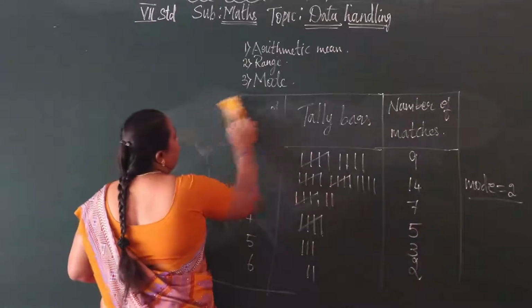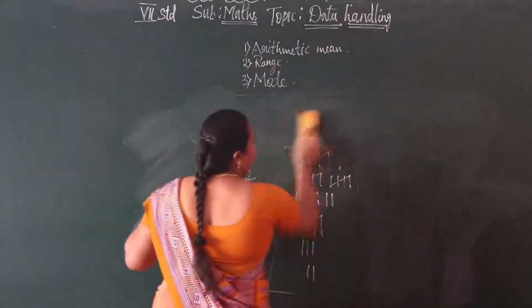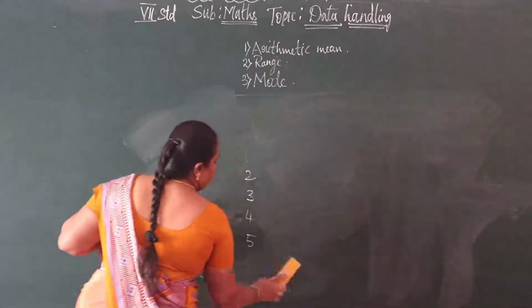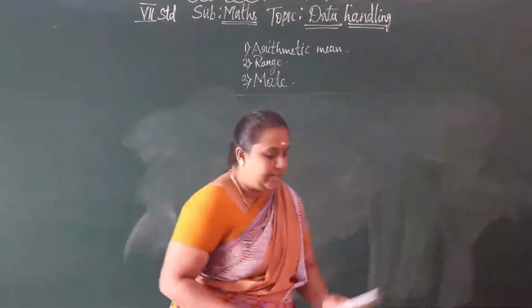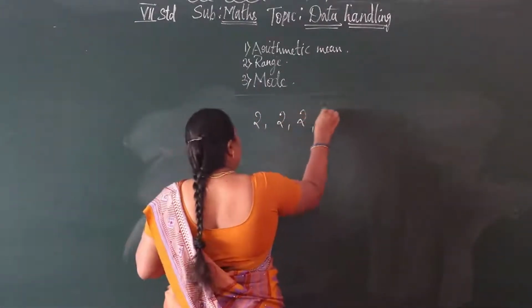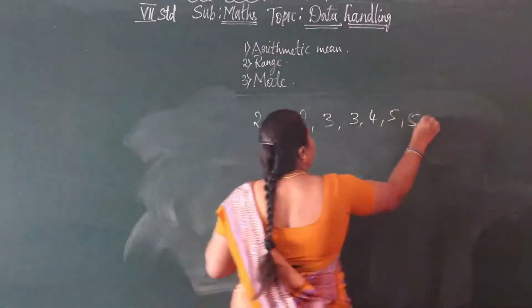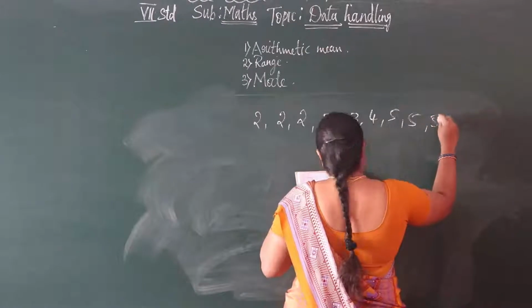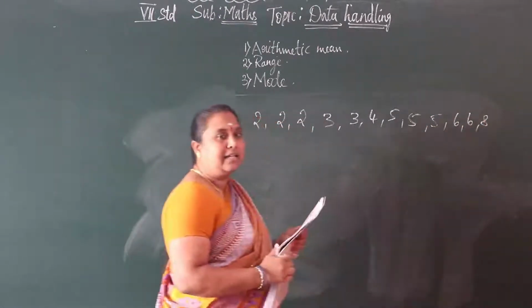See, let us write on the board. We have the data 2, 2, 2, 3, 3, 4, 5, 5, 5, 6, 6 and 8. So we have the data like this.